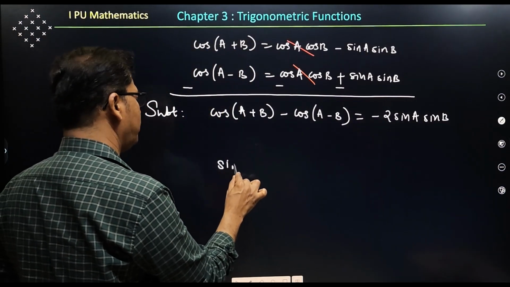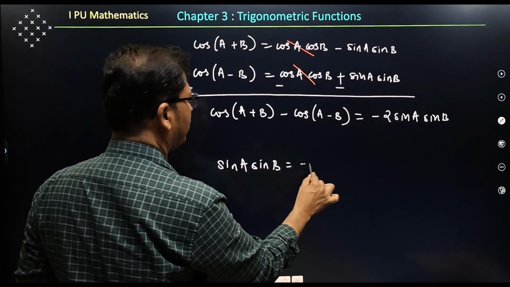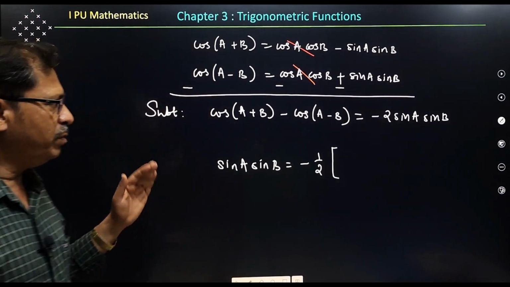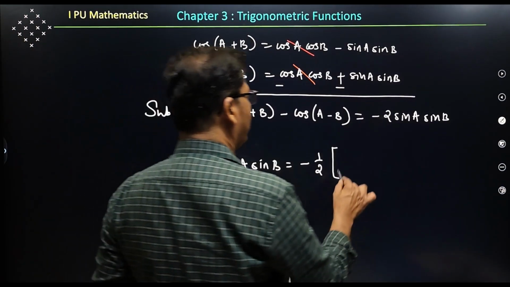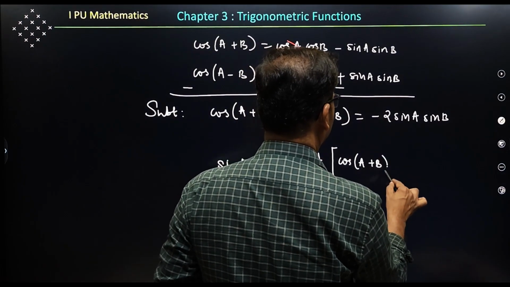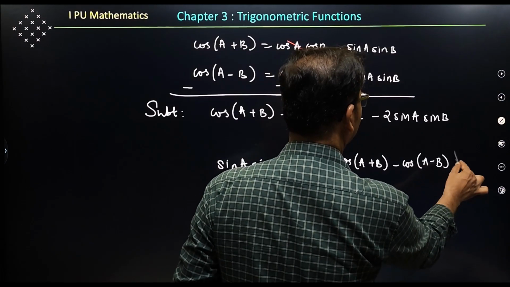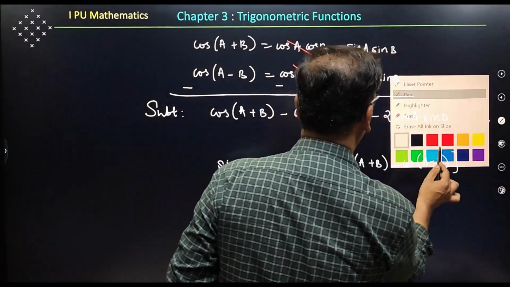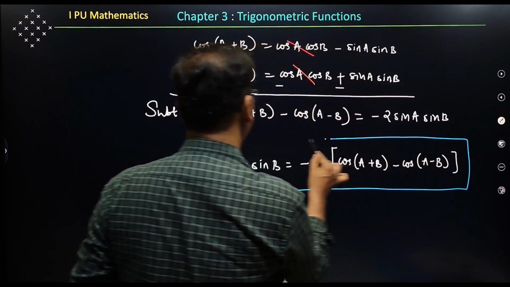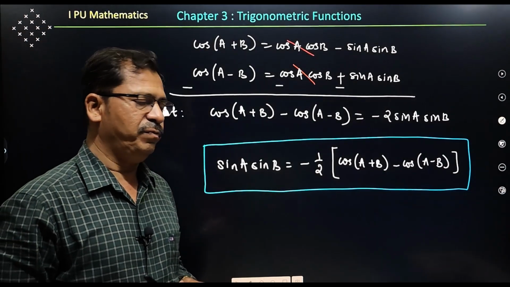Sin a into sin b is equal to minus 1 by 2 into bracket cos of a plus b minus cos of a minus b. This is the fourth result as far as the transformation formula is concerned.